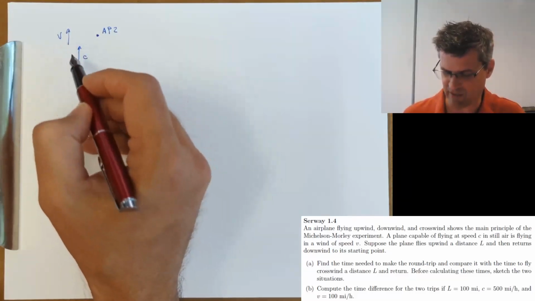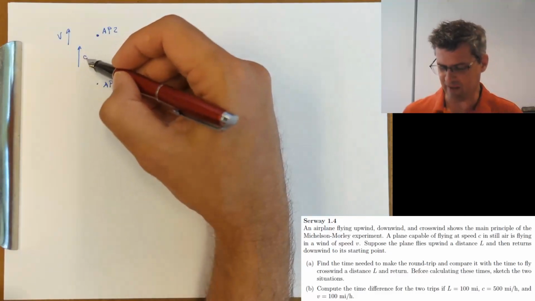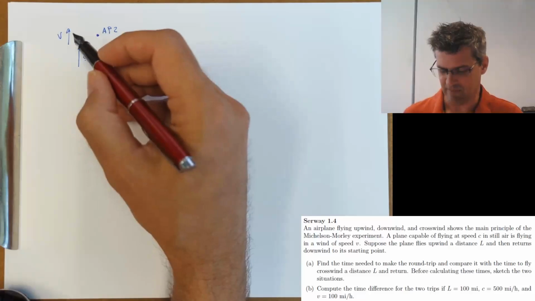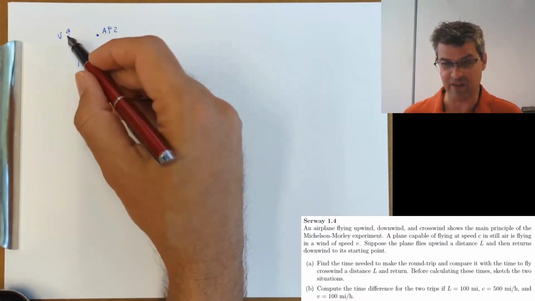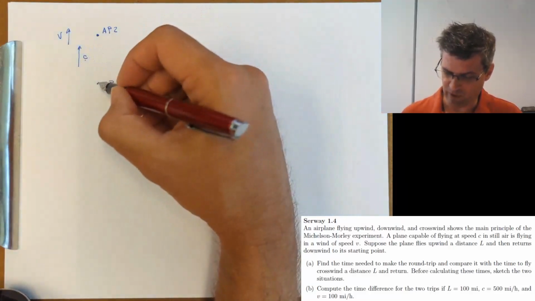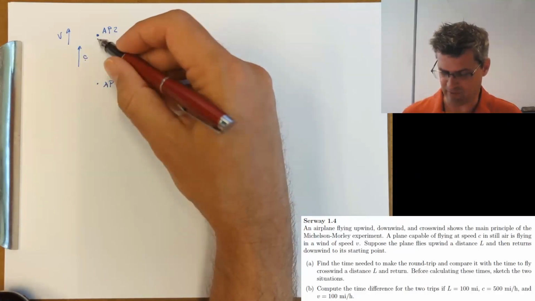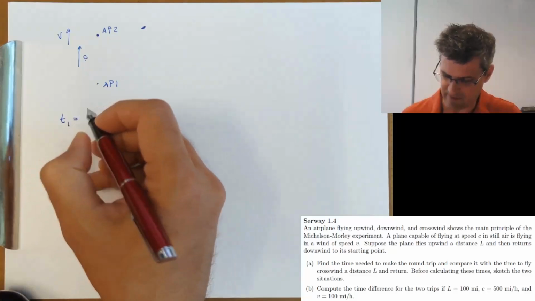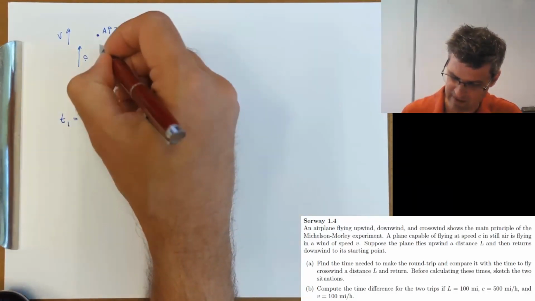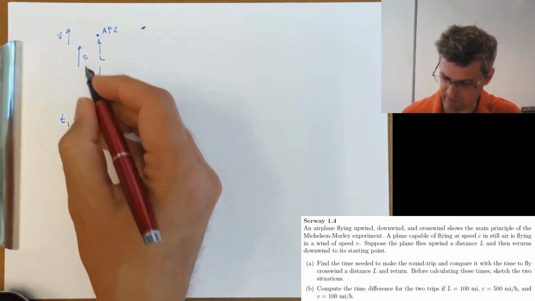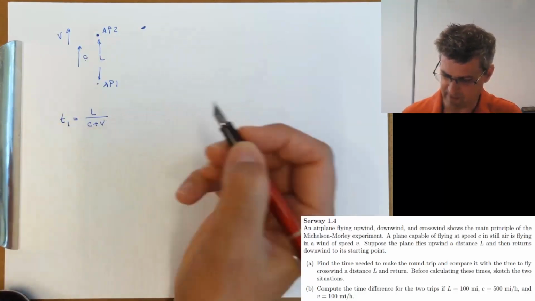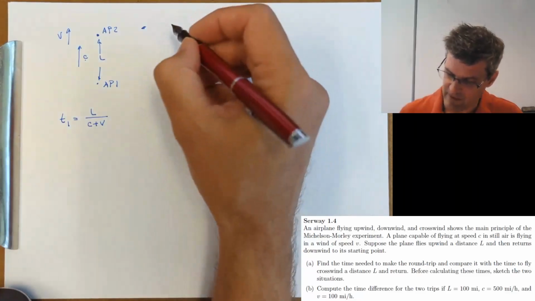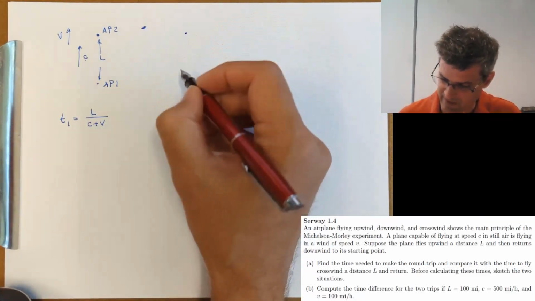These two speeds are going to add, and if we have our plane going at speed c with respect to the air, and the air is moving at speed v with respect to the ground, when we're going from airport 1 to airport 2, the time that it takes is going to be this length L divided by c plus v.